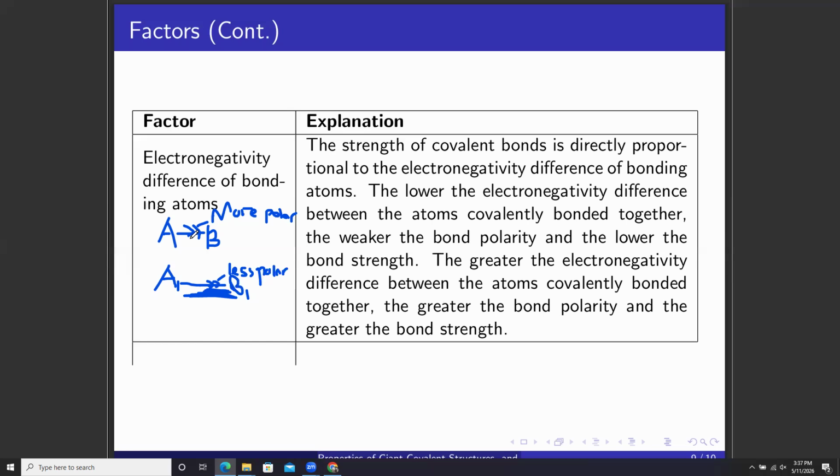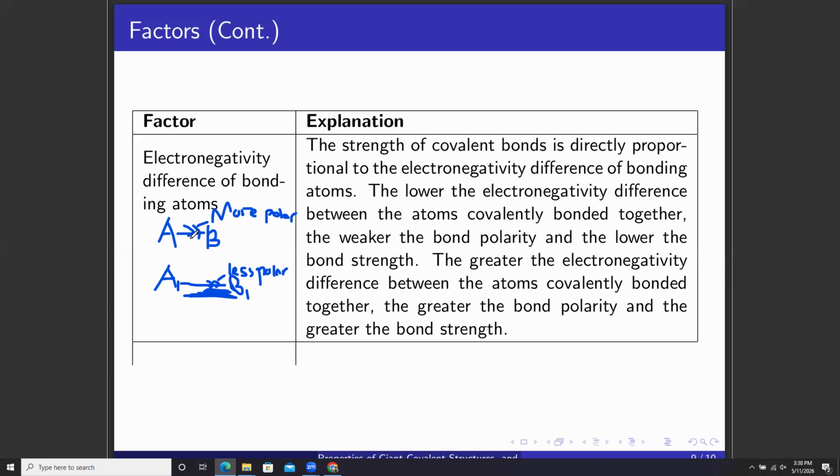I repeat for the last time. I assume for this factor that you still recall what electronegativity means from my previous videos. That is the first key takeaway. If you know what electronegativity means from my previous videos, then you are good to go.